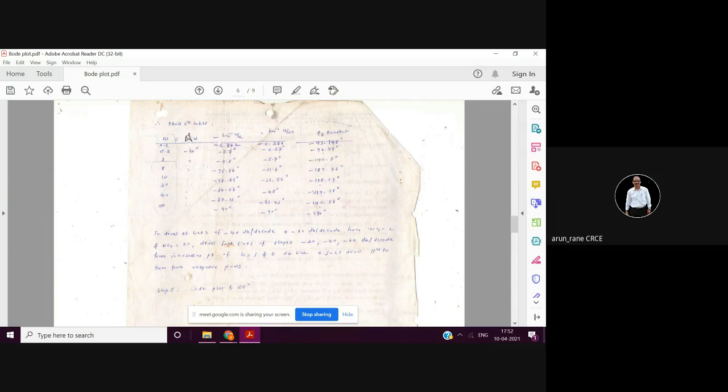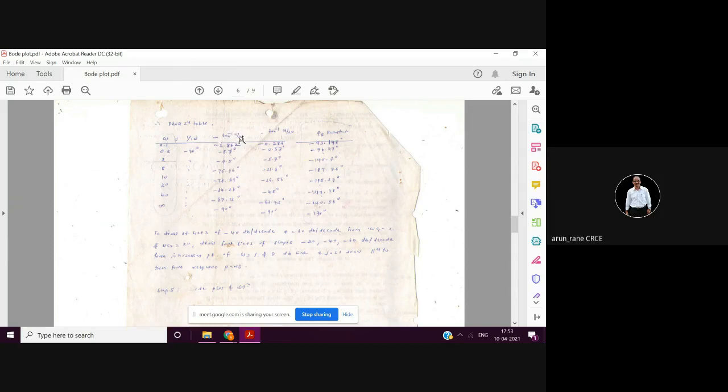How did you get that minus 90 degrees? It was 1 upon s, wasn't it? So 1 upon s is nothing but 1 upon 0 plus j omega, correct? So omega upon 0 is infinity, so tan inverse of infinity is 90, and you have a minus outside, so minus 90. Now suppose you substitute 0.1 here: 0.1 upon 2 is 1 by 20.